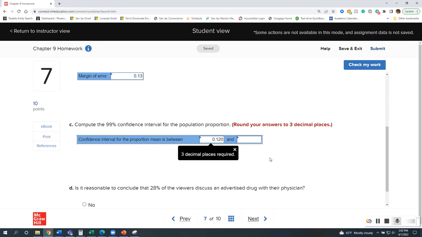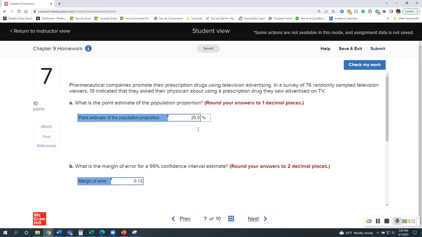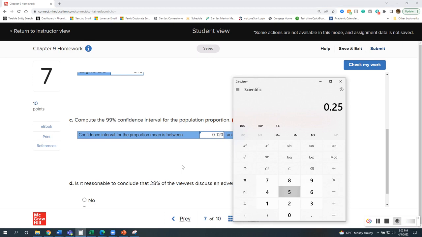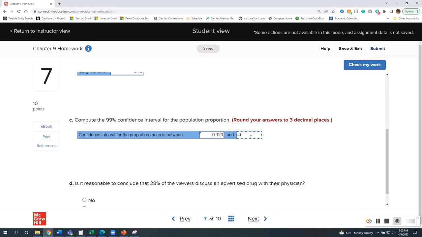Three decimal places, we go with it either way. Maybe if it got more complicated. Okay. So, 0.380.